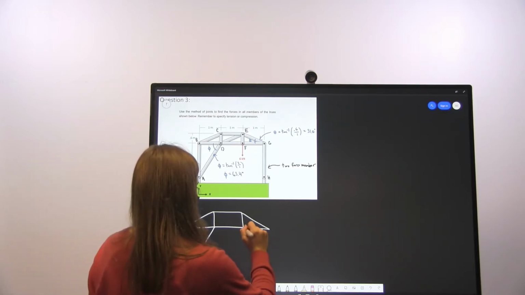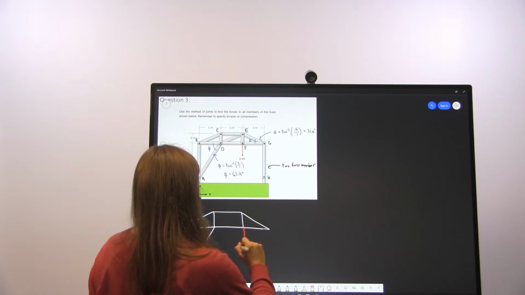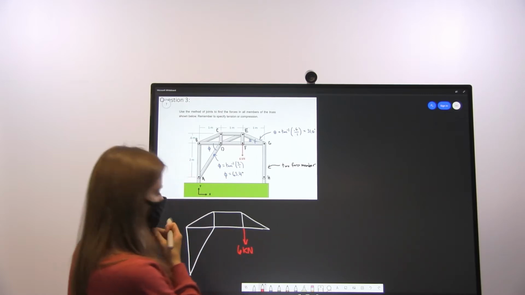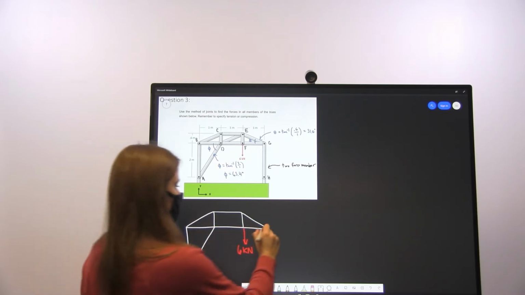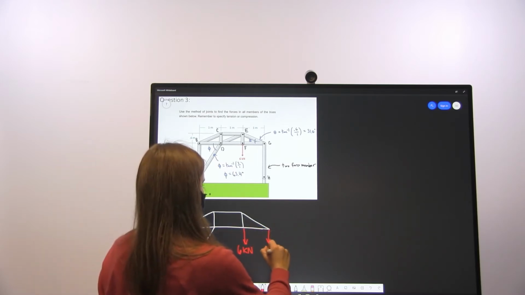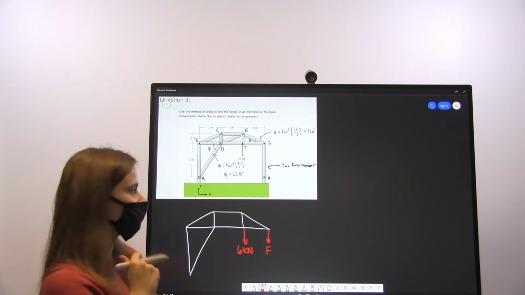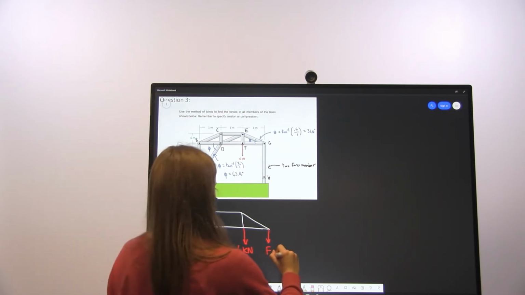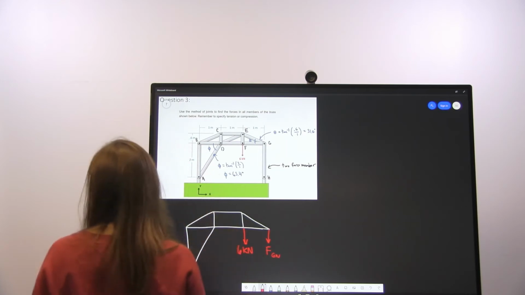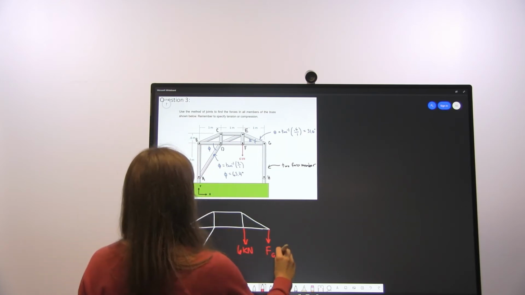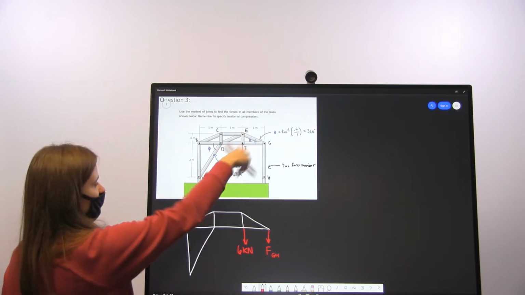So right here we have this downward force of 6 kilonewtons, and then we also have this downward force. Let's call it FGH because it's acting on the member GH.